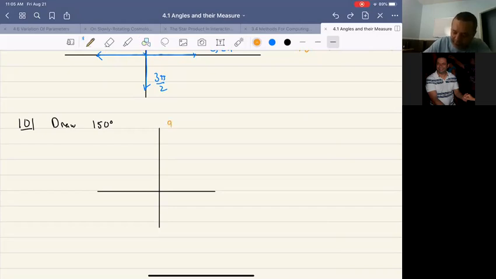Knowing this is my 90 degrees, this is my 180 degrees, I know that it should be between them, probably closer to the 180, right? Because it's 30 away from 180. So it's like there. So this is my 150 degrees.